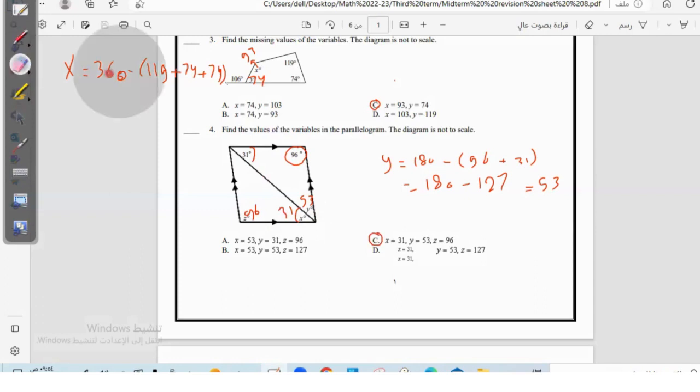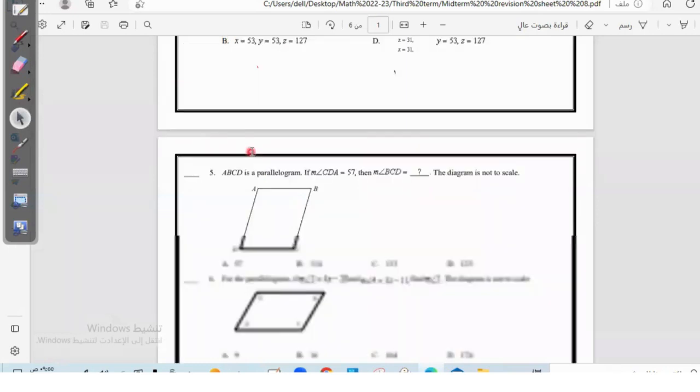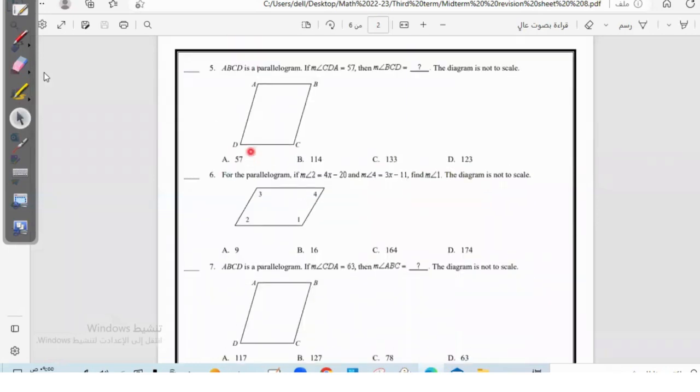Now, number 5. Read quickly. Angle CDA equals 57.